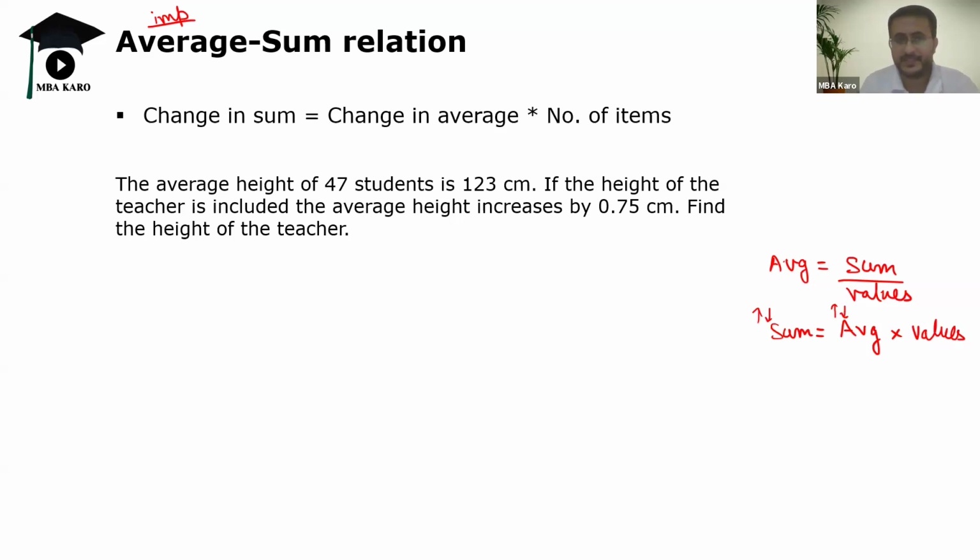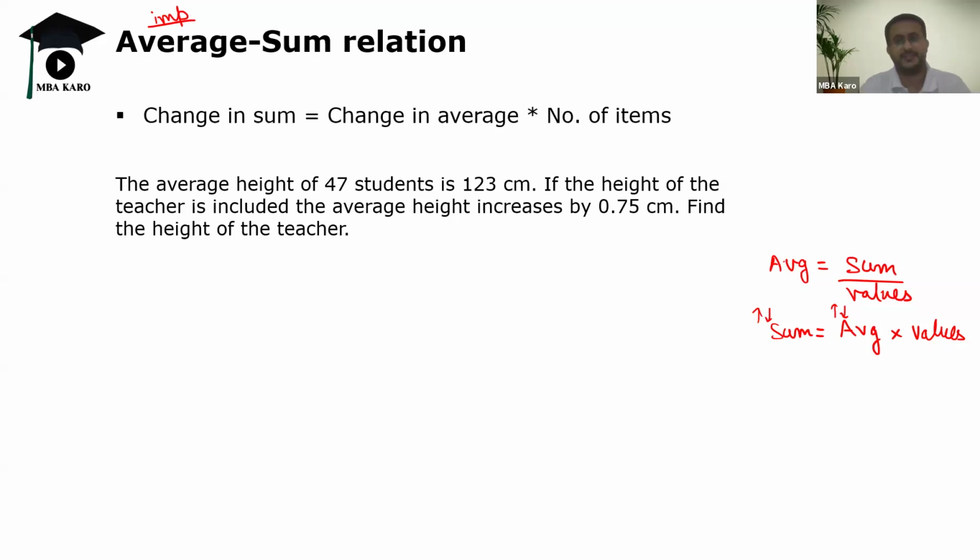Now, let us see this carefully. Let's first read the question and understand it. It says that the average height of 47 students is 123 centimeter. And if the height of the teacher is included, the average height increases by 0.75 centimeter. Find the height of the teacher.